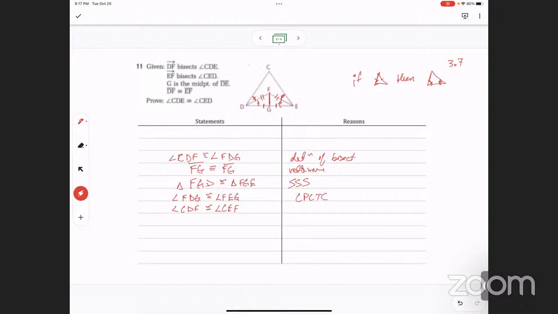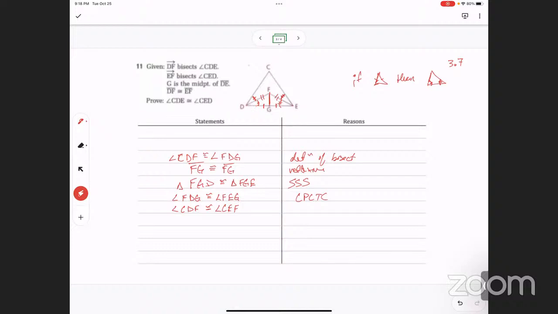But see, that's the tricky part right there. You're trying to show that, let's see, we've shown that these two are equal to each other. And now we want to use, let's see, what are they trying to get us to prove? CDE. They're trying to get us to prove this whole thing.